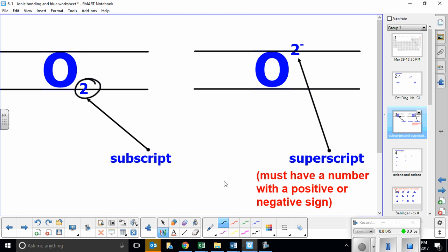And then a superscript is going to be written above and behind. But as it says here, that's going to have a number with a positive or a negative sign. So in this case, we've got oxygen, which is a 2-, but we could also have something like magnesium, which would be a 2+, which we'll learn about. So that is what a superscript and a subscript looks like.